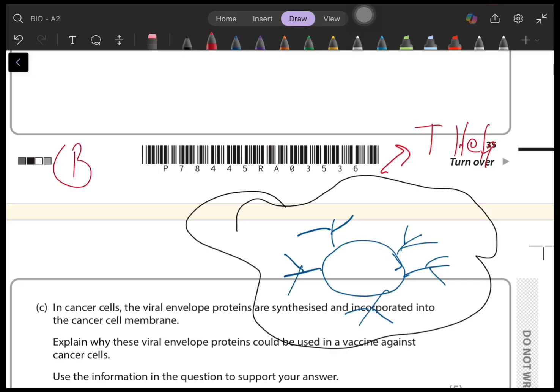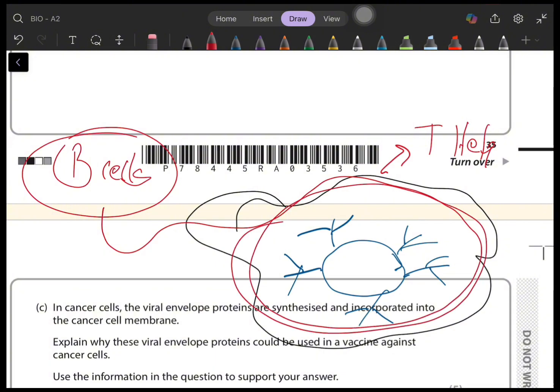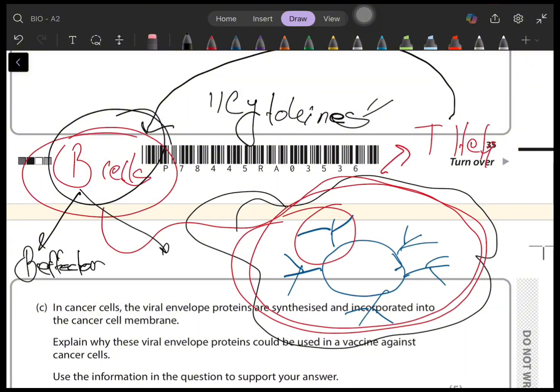The B cells would also engulf one of these cells that has the antigens, and the activated T cell would then bind with the B cell and release chemicals called cytokines, which would cause the division of the B cells into B effector cells and B memory cells.